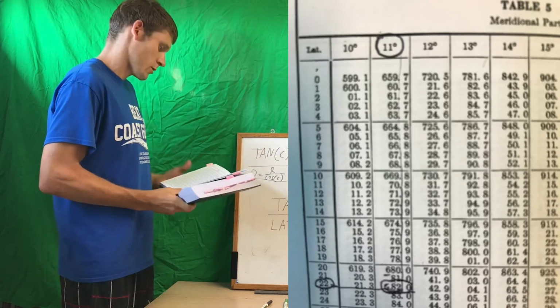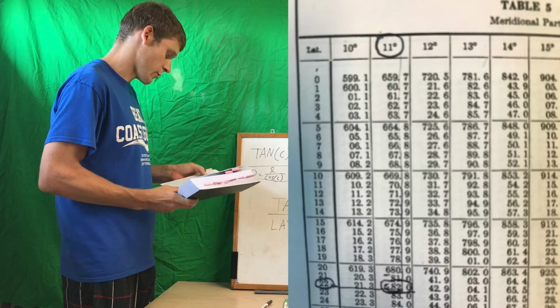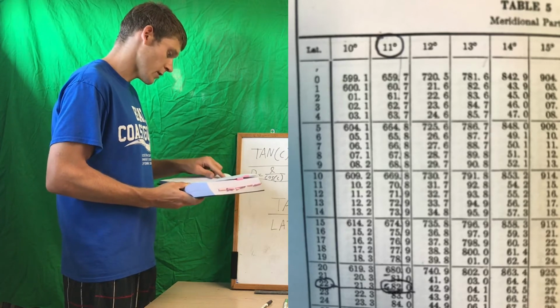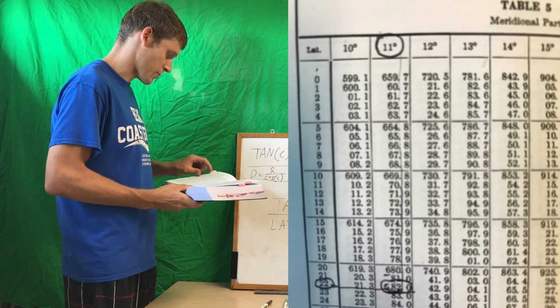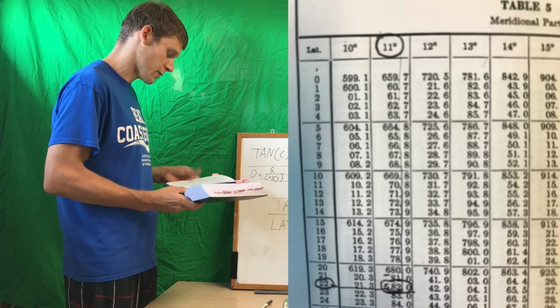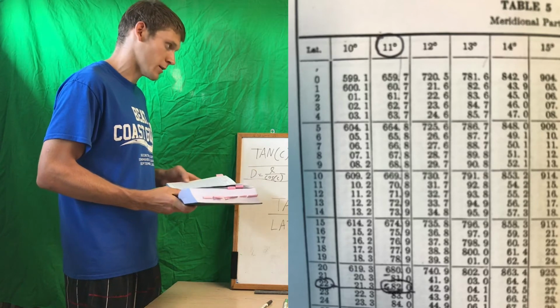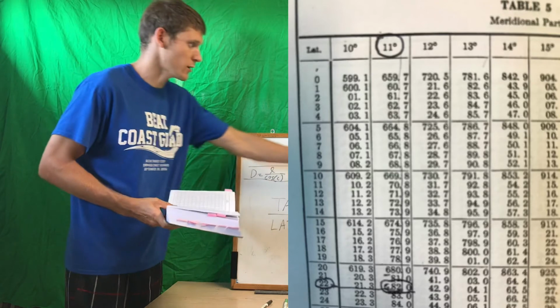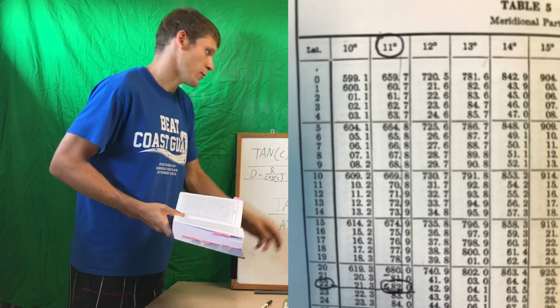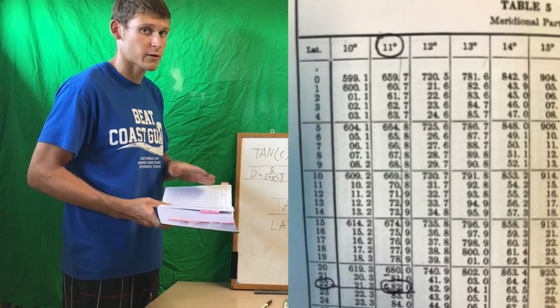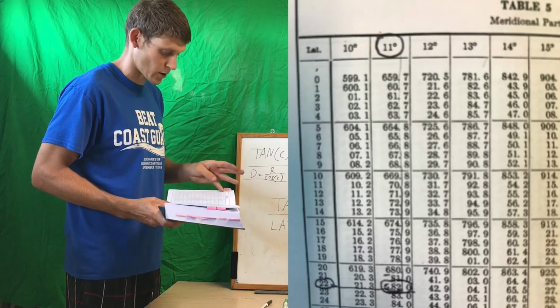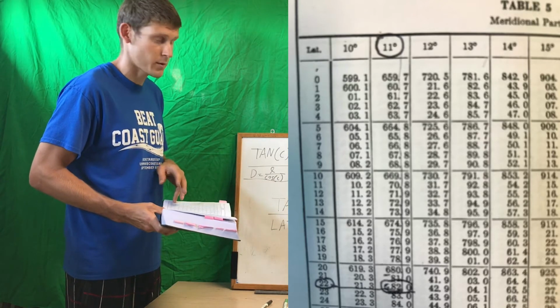So after you find the latitude you convert, the numbers that are going down the page on the far left of Table 5 are the minutes. So we have our degrees, which sit at the top, and we have our minutes that are at the very left of the page, but they go downward, and those are the minutes.